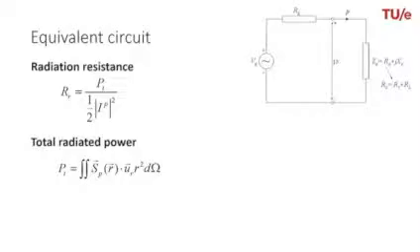So it's a surface integral over a sphere at a certain distance r over the Poynting vector, the time average Poynting vector, so the power density flowing through the sphere in the radial direction.